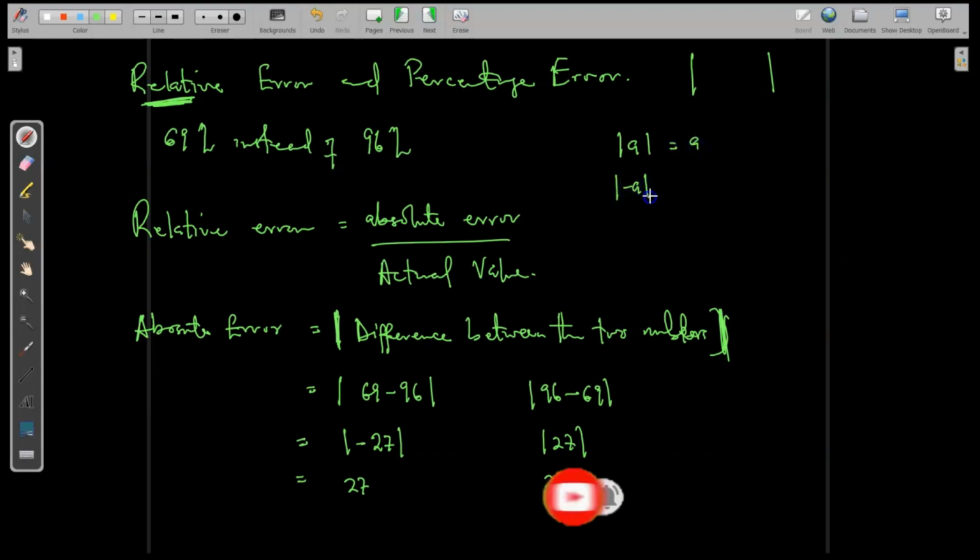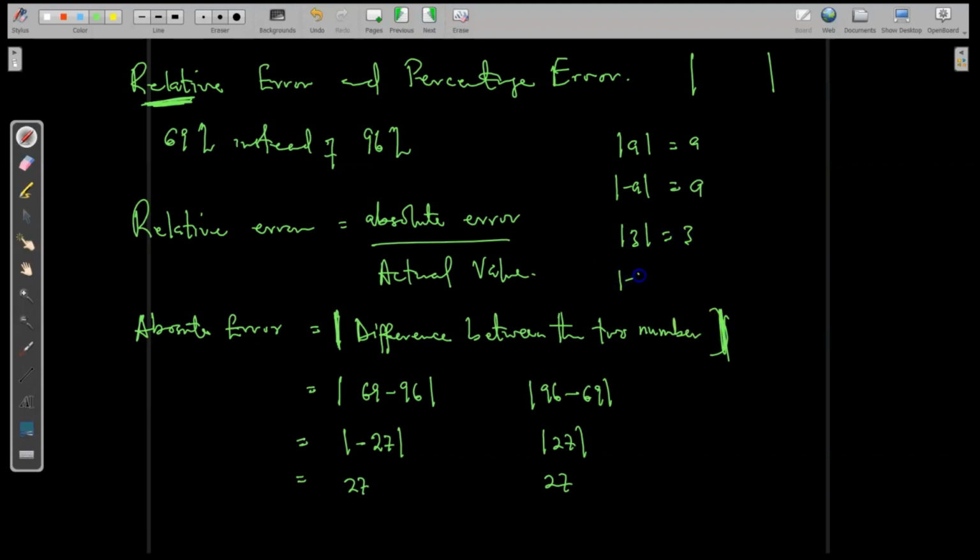The difference between the two numbers. Oh, okay. 2 numbers. So yes, this is it. If I have the absolute value of 3, the answer is 3.